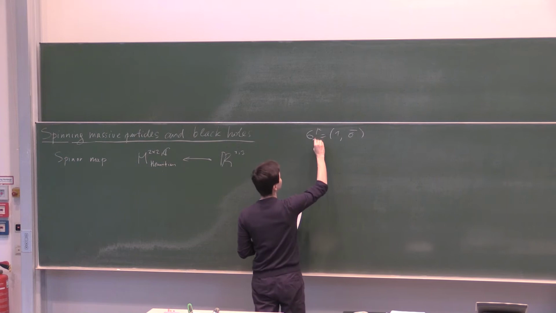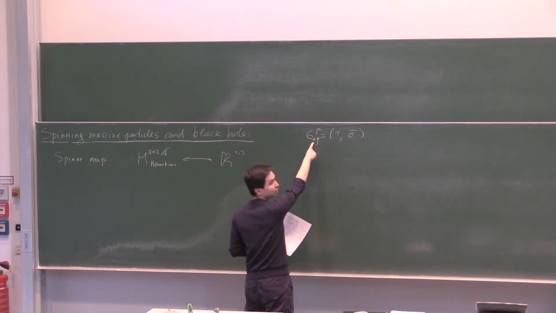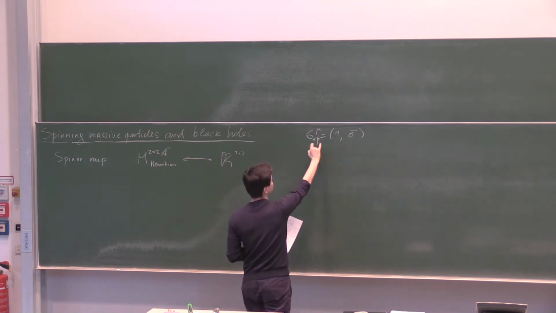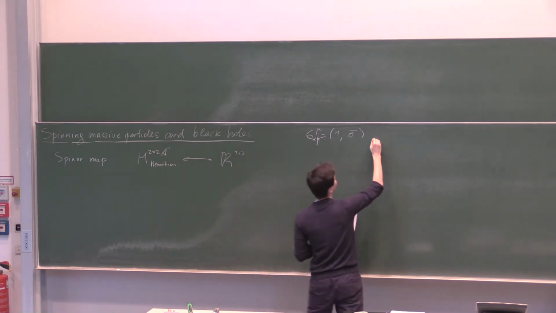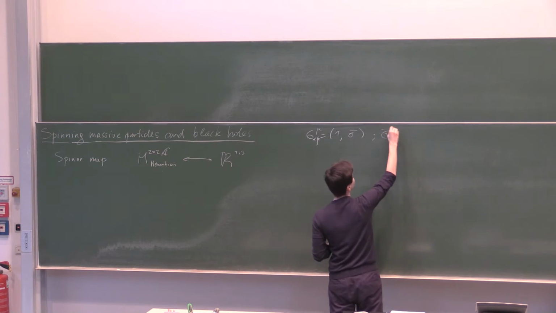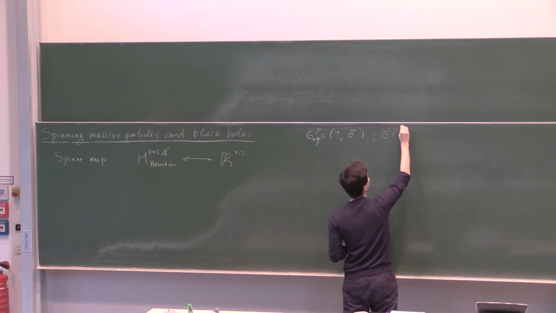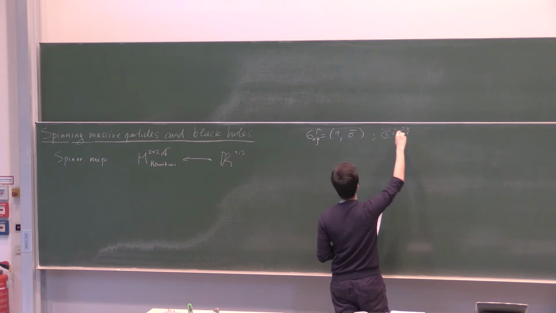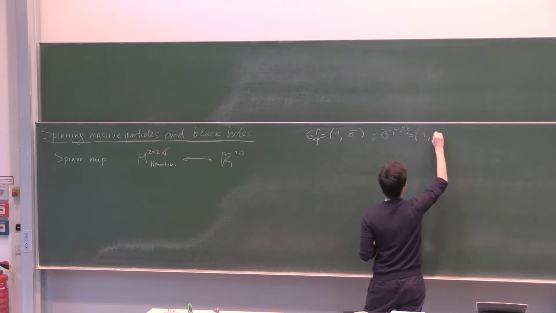And to fix conventions, I will be using these ones with first index undotted, the second index dotted. And the other guys I will be using will have the opposite order of indices, and they will be upstairs. They will look like this.